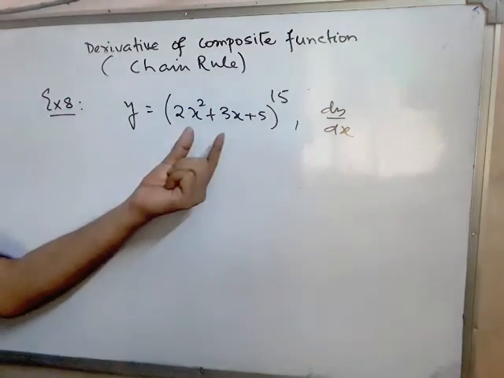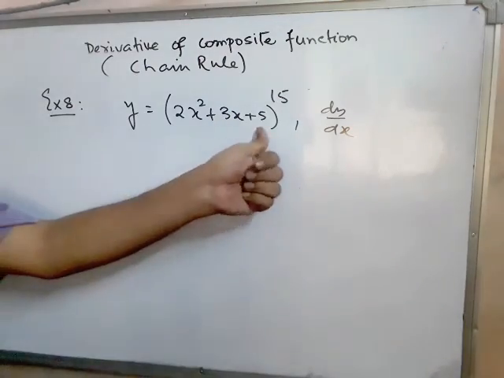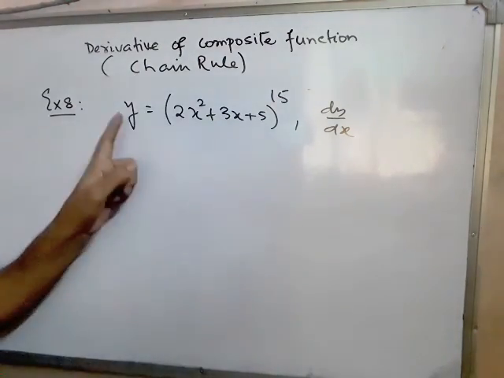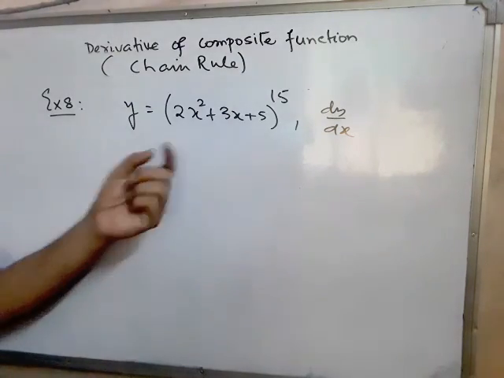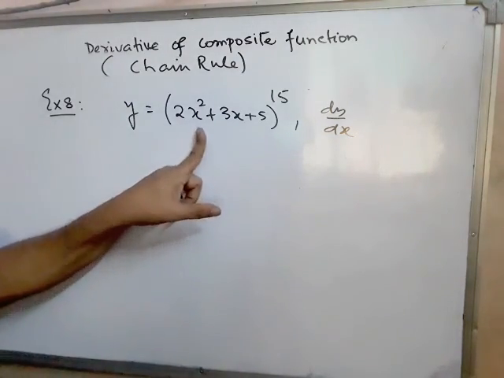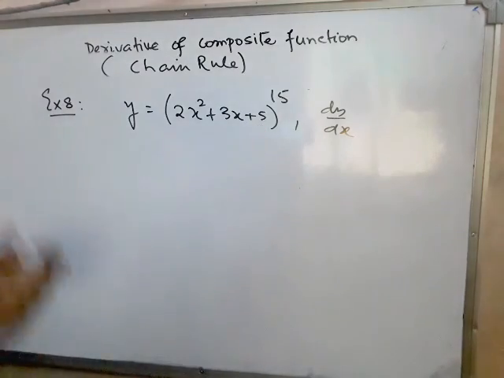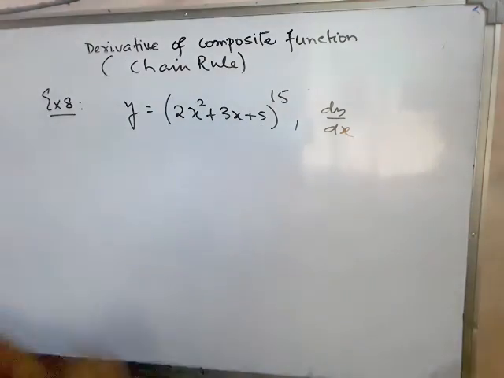Initially we mentally consider 2x square plus 3x plus 5 as u. So y equal to u to the power 15.